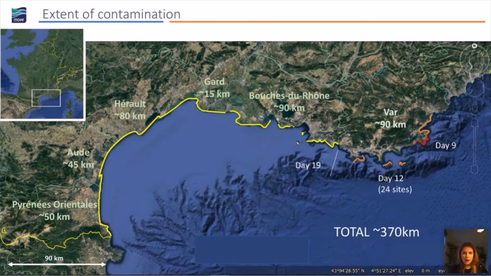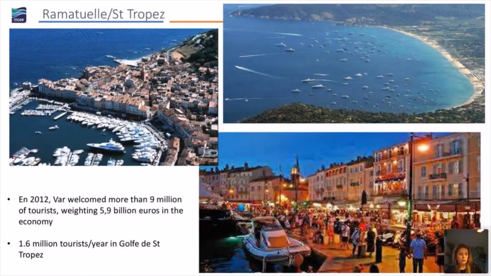Now, due to time constraint, I will only concentrate in this presentation on the shoreline cleanup done in the Var, the most contaminated area. For those of you who are not familiar with this French region, the Var welcomes more than 9 million tourists, that's data from 2012, and that represents almost 6 billion euro in the French economy.